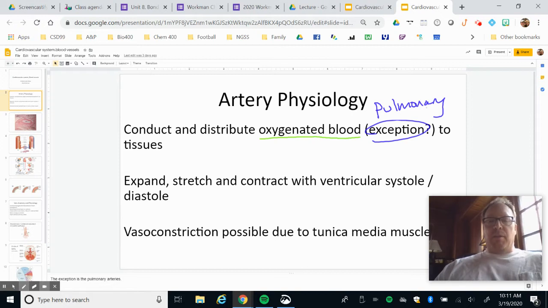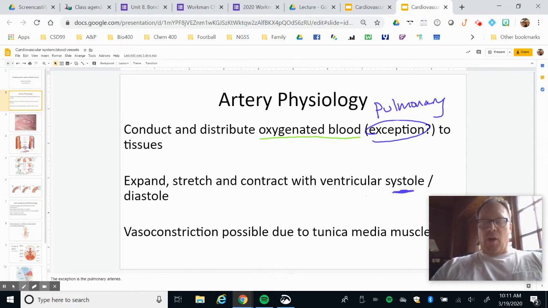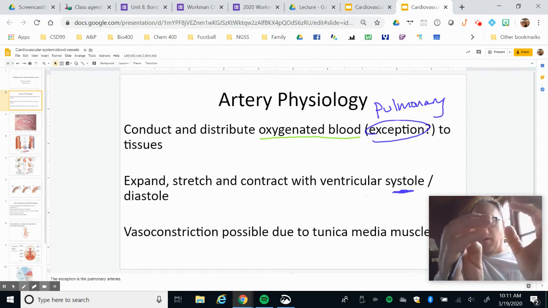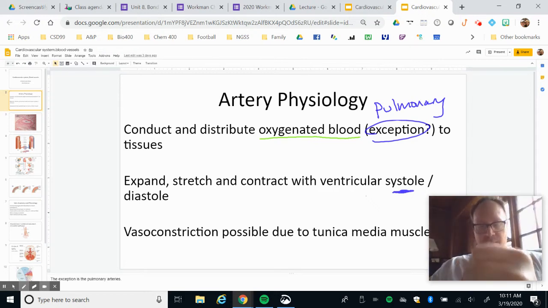So that's the exception. The interesting thing about arteries is that they can expand, they can stretch, and they contract with every heartbeat. So when the ventricles squeeze, that's ventricular systole, that causes the arteries to stretch a little bit.